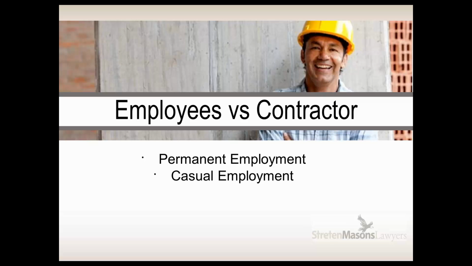They're not entitled to the benefits of overtime and leave, etc. But to compensate for that, under most awards, a casual employee is paid 25% over and above the full-time equivalent hourly rate. Casual employees are still protected by unfair dismissal laws, but to a lesser extent. So you still need to be careful when you're dealing with casual employees.